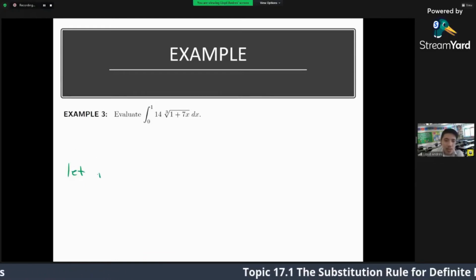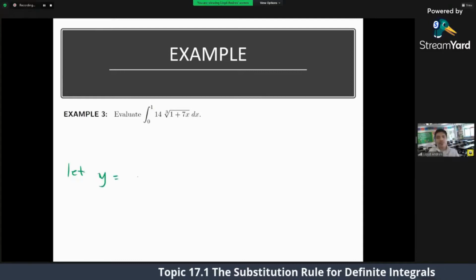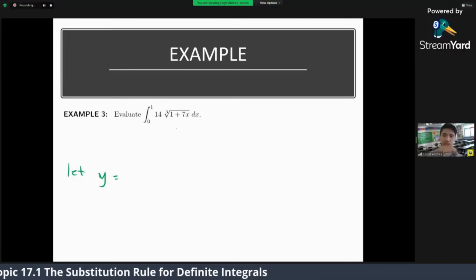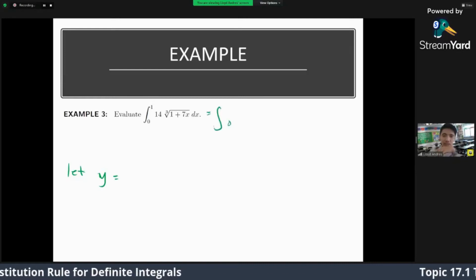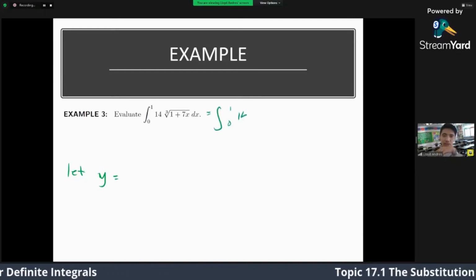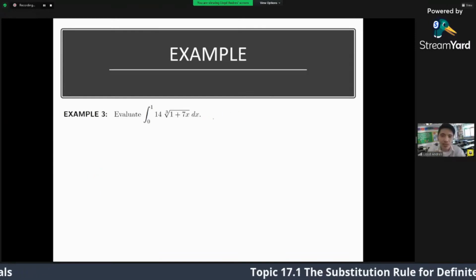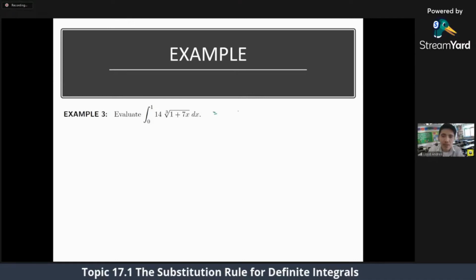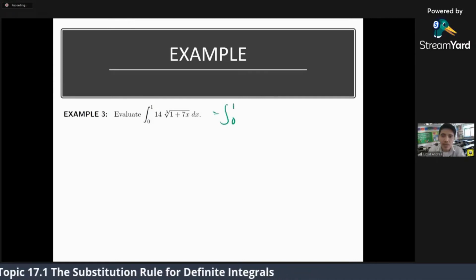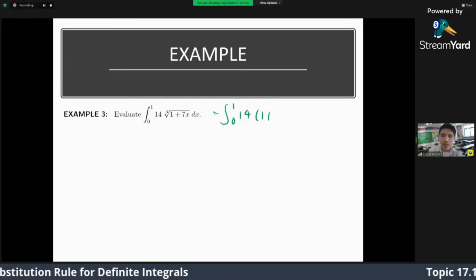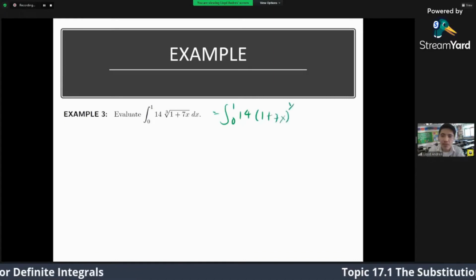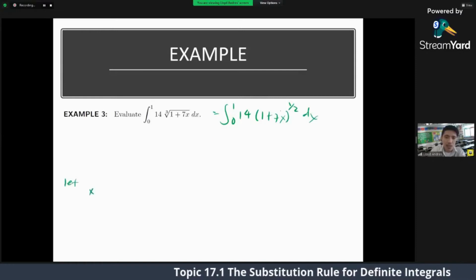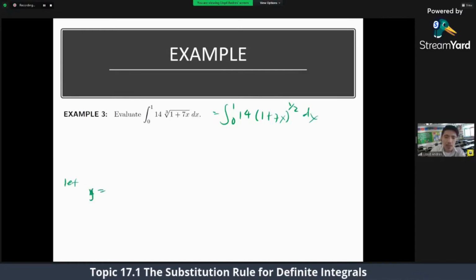We let y be equivalent to this, which again can be expressed as 14. We can take out the 14 first or later. We have the integral from 0 to 1 of 14 times 1 plus 7x raised to 1 half dx. So let y be equivalent to 1 plus 7x.